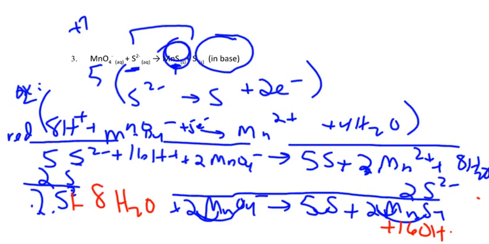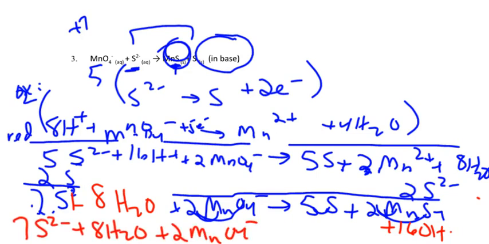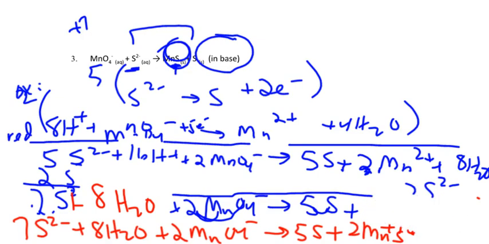So for my final answer, let's do this again. I have 7S2 minus plus 8 H2O plus 2 MnO4 minus yields 5S plus 2 MnS, plus 16 OH minus.